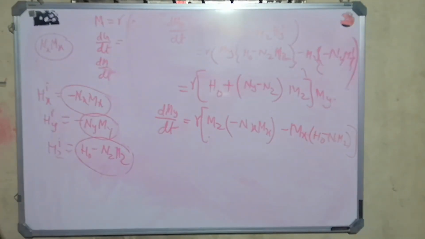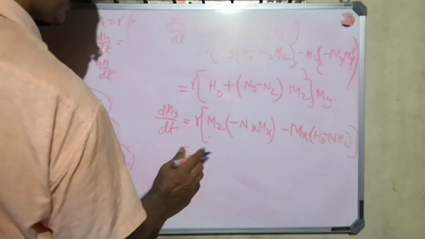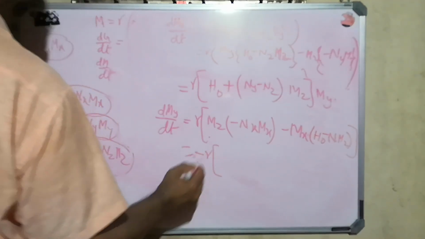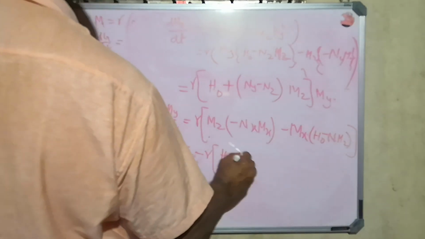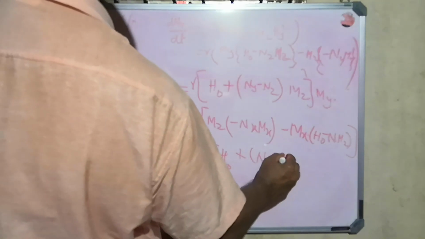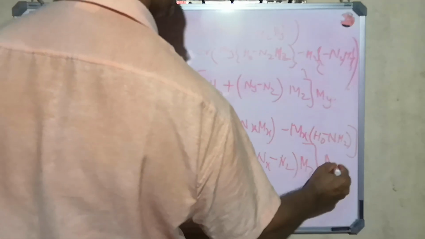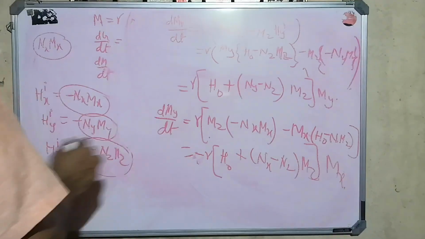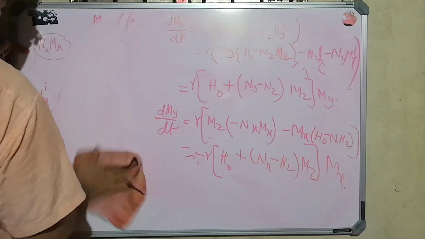So then you can take the common terms and collect the terms. Then you will get minus gamma into h naught plus nx minus nz into mz into mx. So this is the expression for dmy by dt.